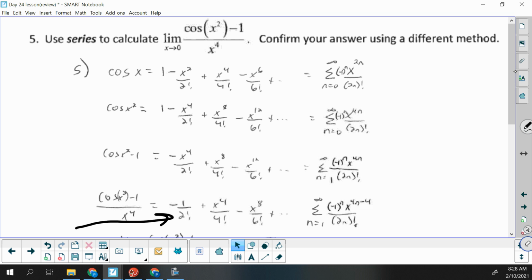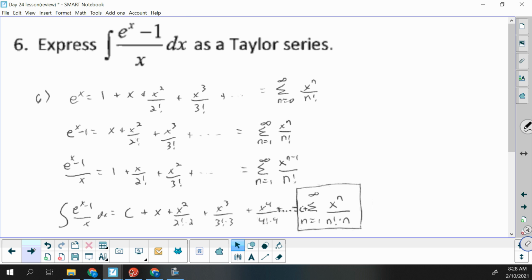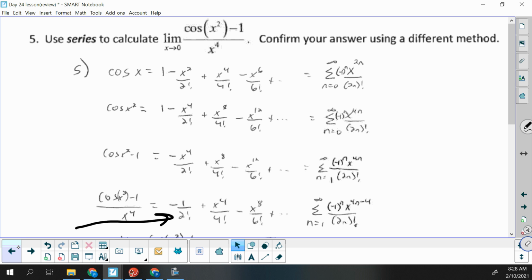So the L'Hopital's answer would not be correct for this problem because it said we had to use series, but they could easily give us this limit on a question and not say that. Not on our unit test, but on the AP exam they could give this limit and you would have to do it, but you could also do it by L'Hopital's. Okay, so the L'Hopital's would be the different method that they were talking about there.